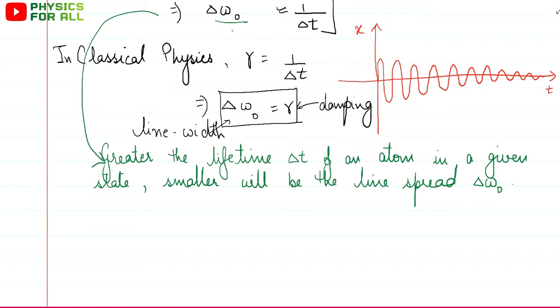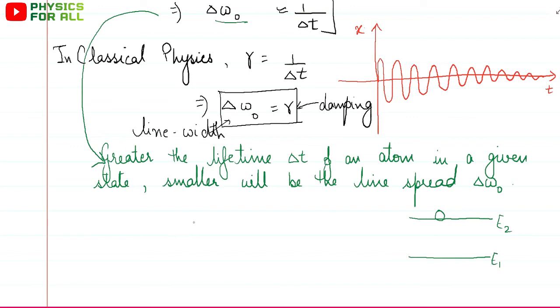The atom resides between these two energy levels, and the greater the lifetime delta t in a given state, the smaller the line spread. If the lifetime of this state is more, the line spread in the spectrum would be small. And if the lifetime of this state is less, then the spread in the spectrum would be greater.